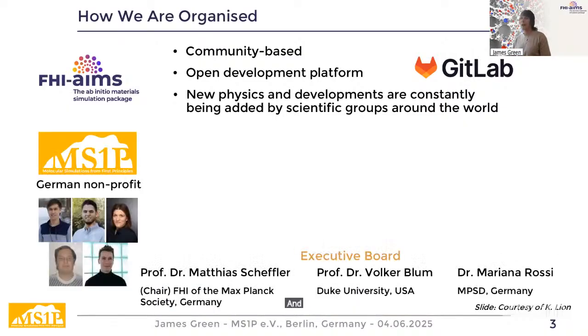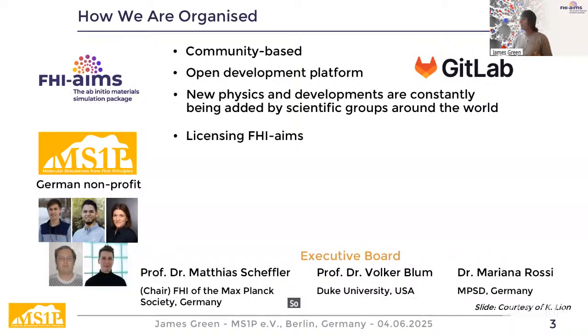And then how MS1P fits in with this. So we are a German non-profit society with 5 employees plus an executive board. And we're essentially here to support this FHI-aims community and the code.